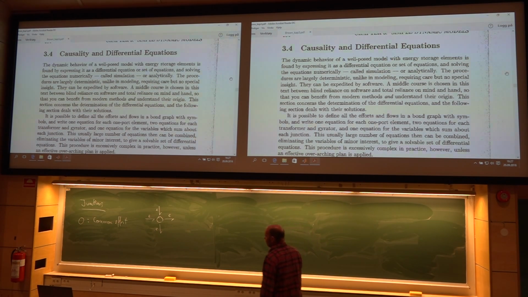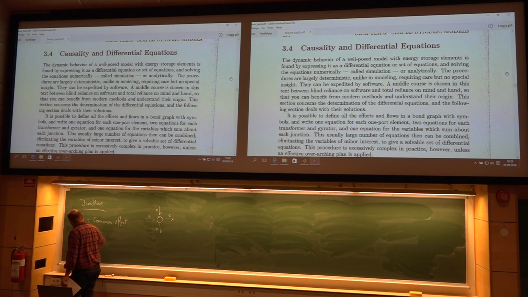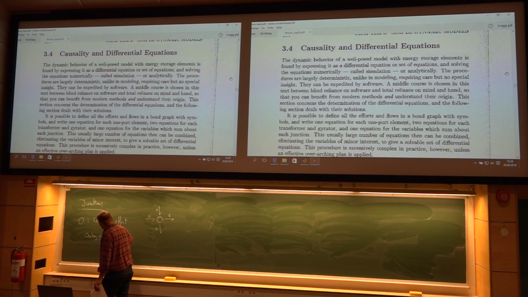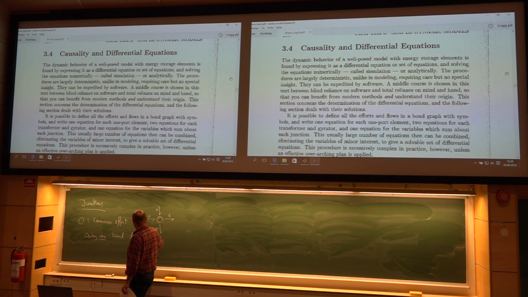What does that mean with the strokes? Only one bond decides what the common effort should be.